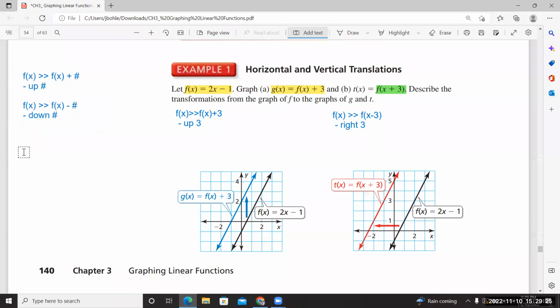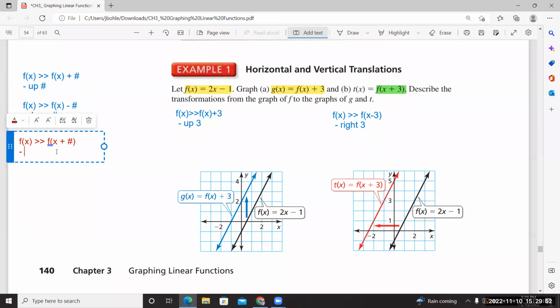Okay, so now I can do the same thing, but now we're going to talk about what happens if I take my function f of x and I transform it in a way that I add a number on the inside of the parentheses. Again, hopefully you can identify the difference between being outside of the function notation and now inside the function notation.